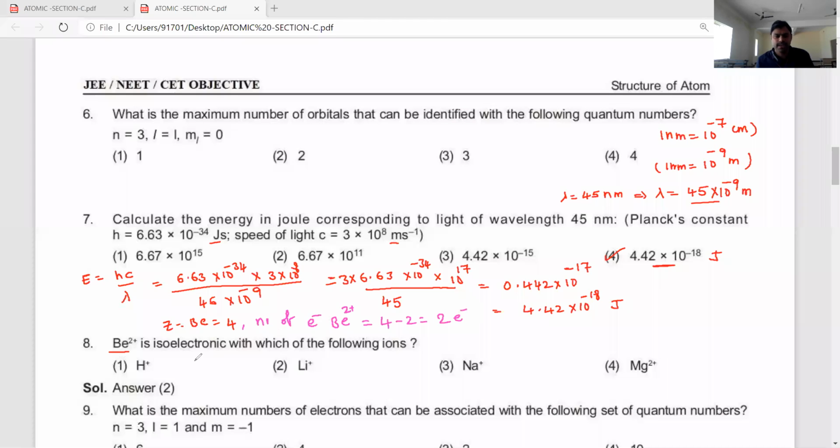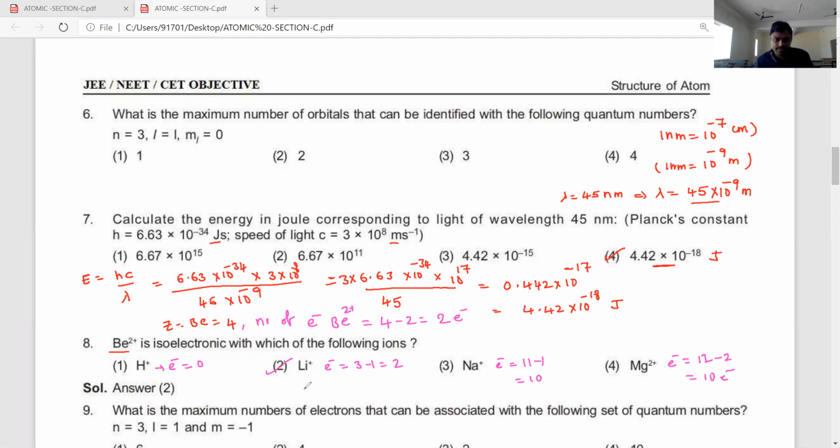Among these, see which has 2 electrons. H+, number of electrons is equal to 0. Li+, number of electrons is lithium 3 minus 1, equal to 2. Na+, sodium, number of electrons is 11 minus 1, equal to 10. Mg2+, number of electrons is 12 minus 2, equal to 10 electrons.